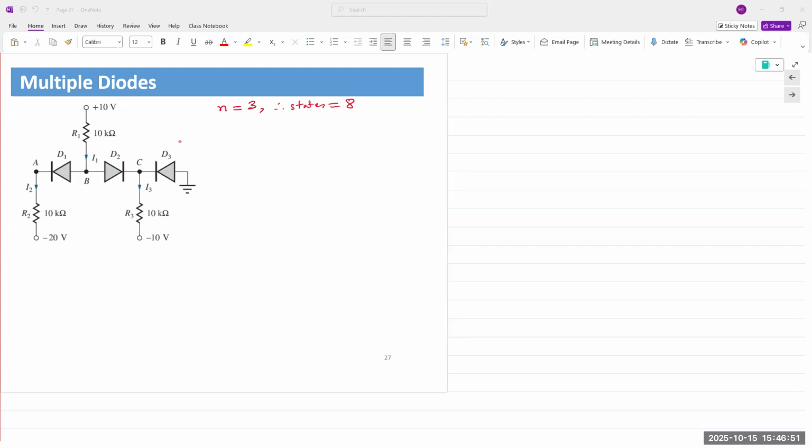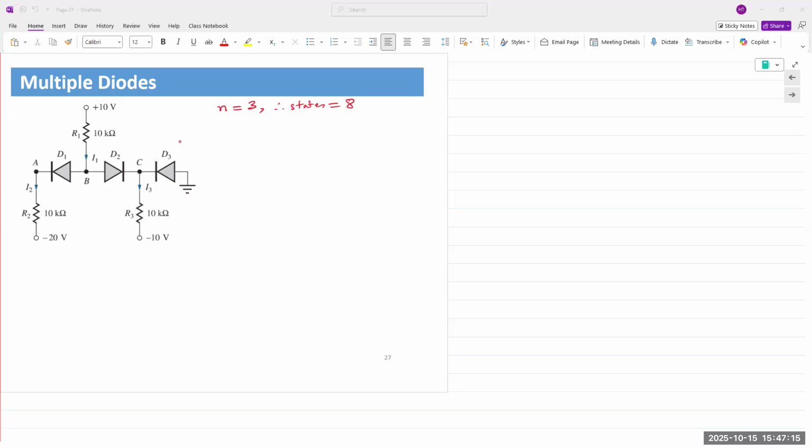So let's say we assume D1 on, D2 on, and D3 off. Okay, just as a random example. So you have two diodes on, one is off. After going through our analysis, it turns out that D1 and D3 are both valid, meaning D1 was on, D3 was off, but D2 was not on, so it does not match with our assumption.